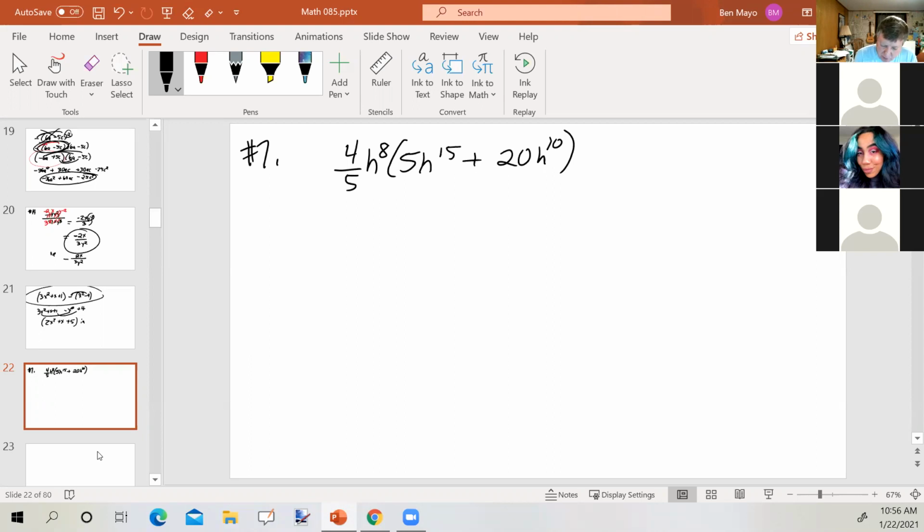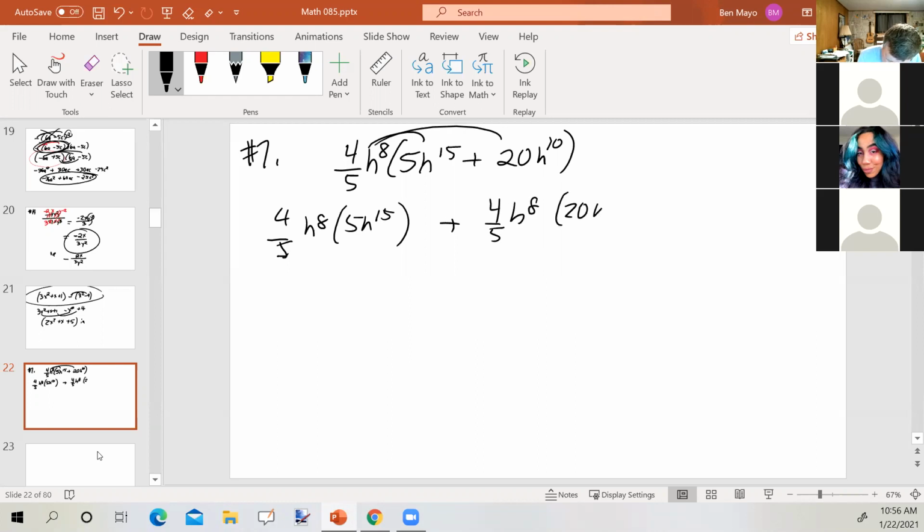We're going to distribute. Since there's fractions involved, I'm not going to simplify as I go. First of all, we're going to have 4/5 h to the 8th times 5h to the 15th, and then plus 4/5 h to the 8th times 20 h to the 10th. And then I'll come back and simplify.